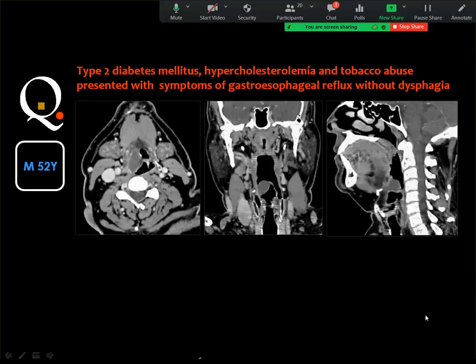It's okay. In this patient, they had diabetes mellitus type 2 with hypercholesterolemia and tobacco abuse, presented with gastroesophageal reflux without dysphagia. The CT images showed this lesion in the region of the epiglottis.